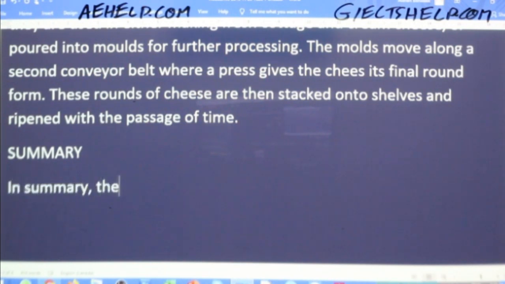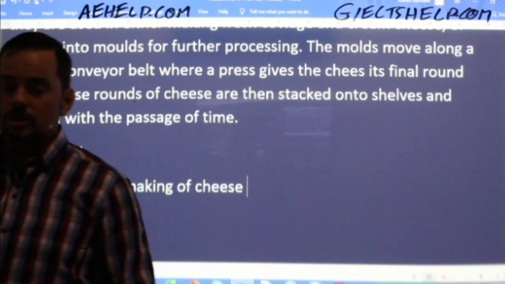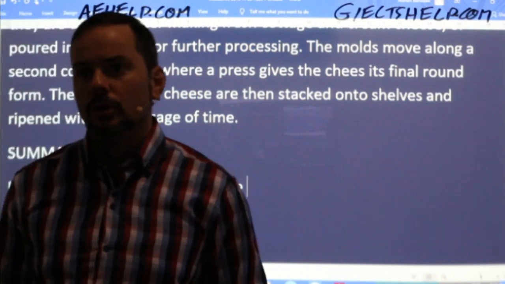In summary, the making of cheese, and you'll see why, because there is usually a good summary that you can include, okay?